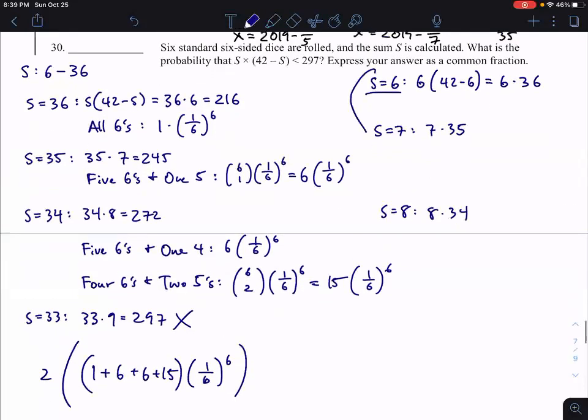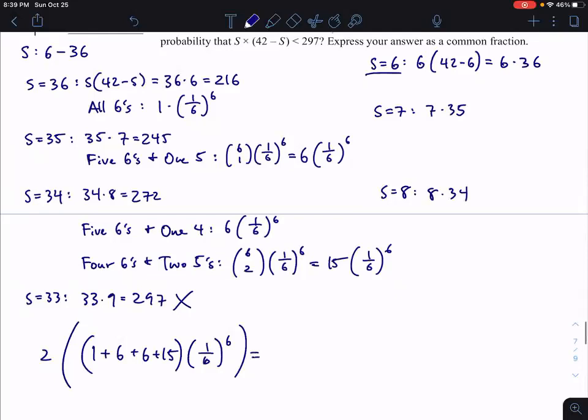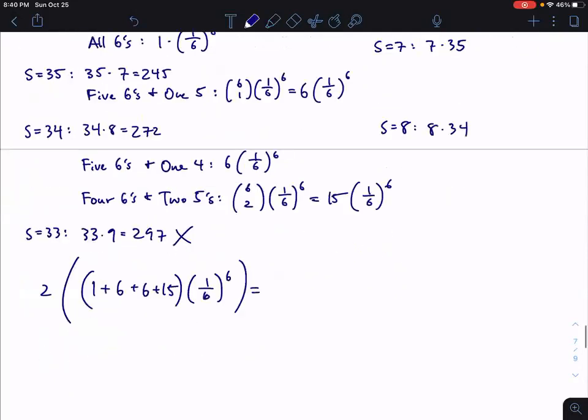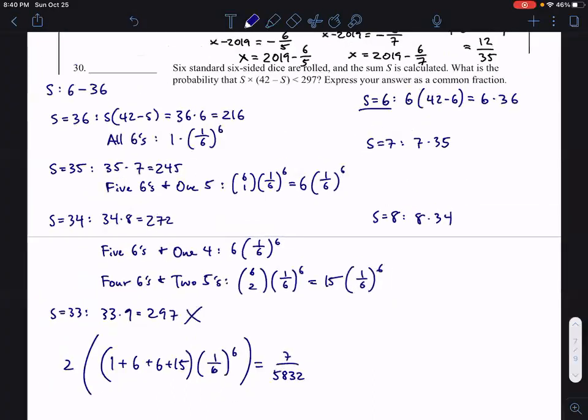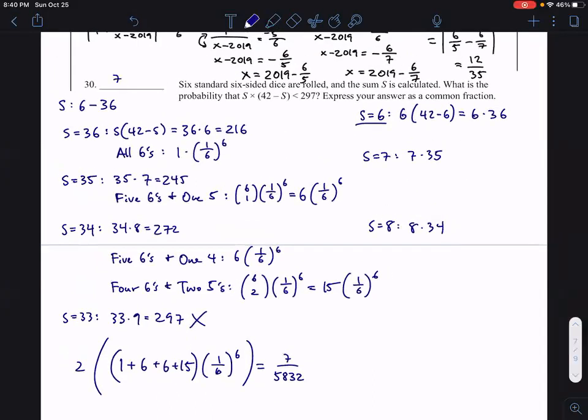That's for these. And now all you have to do is just solve for this big equation. And eventually you'll get 7/5,832. And that is your answer.